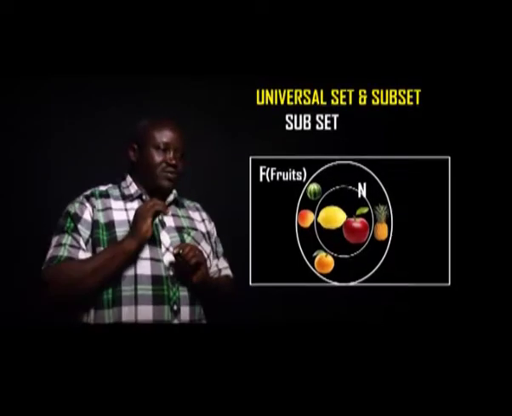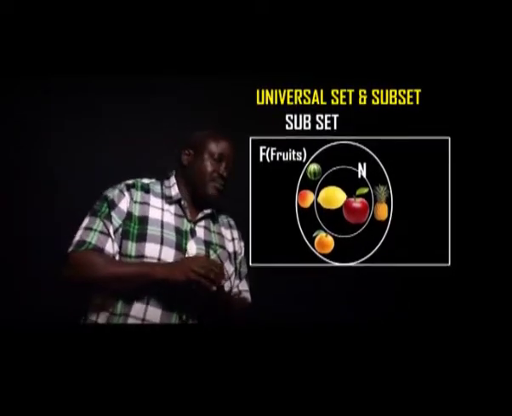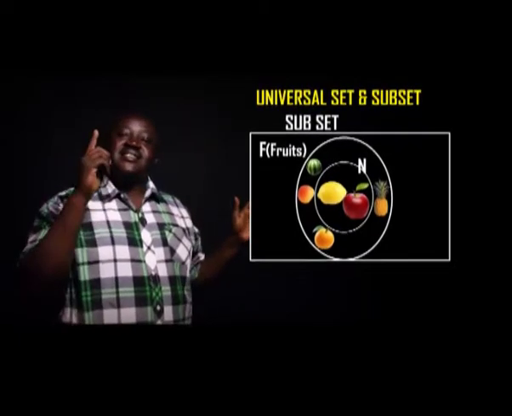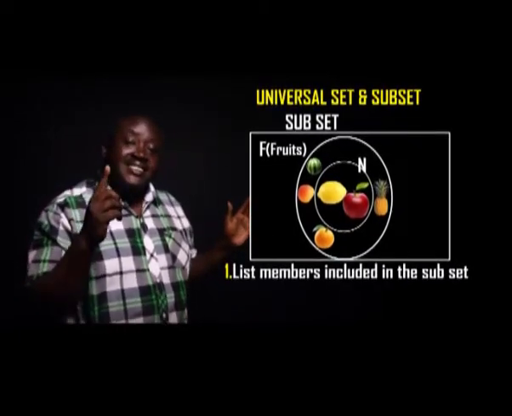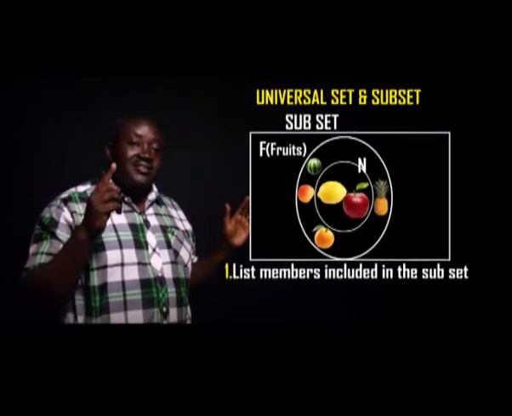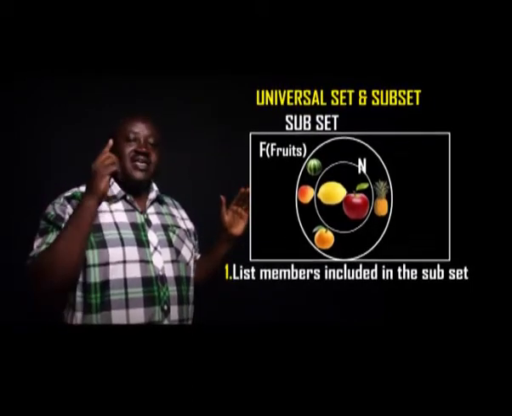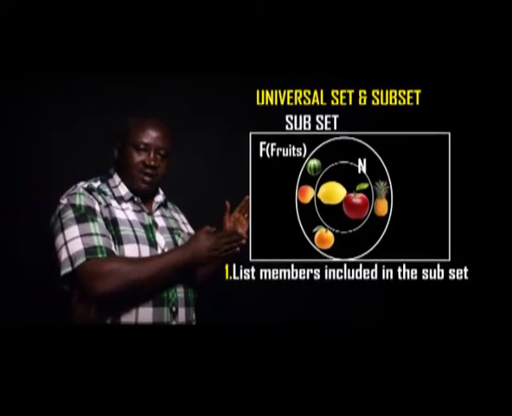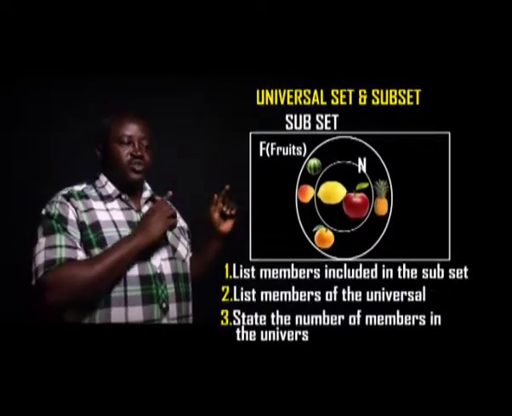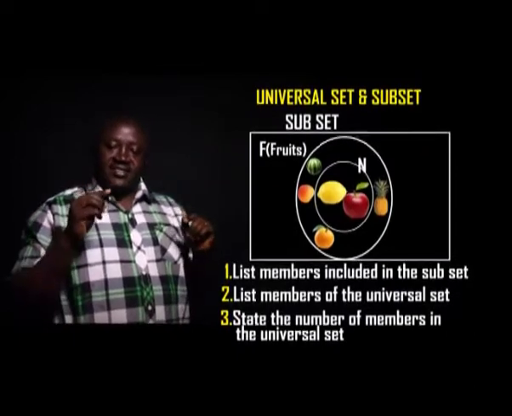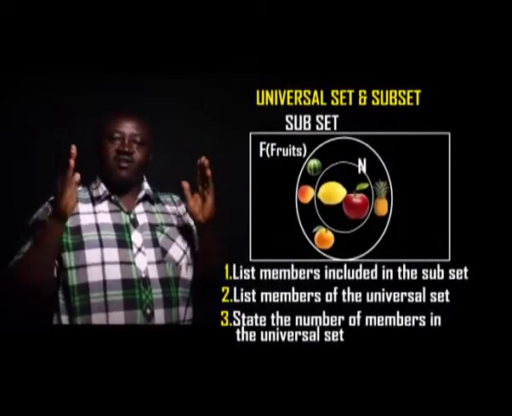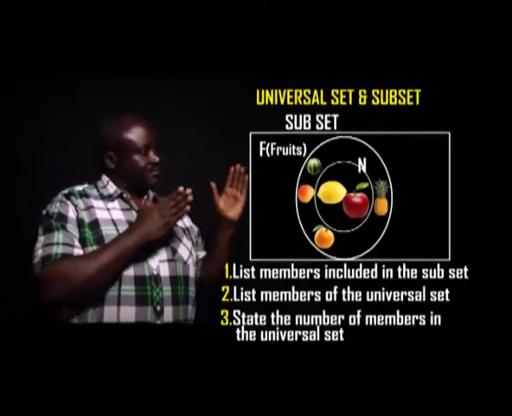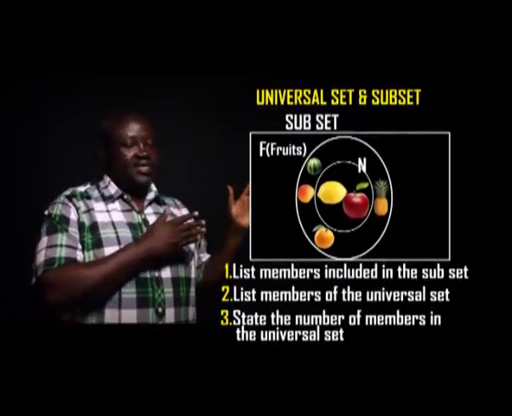So I want to give you some questions. Question number 1: state or list the members included in the subset in this diagram. 2: list the members of a universal set.